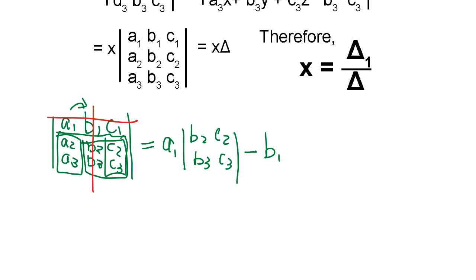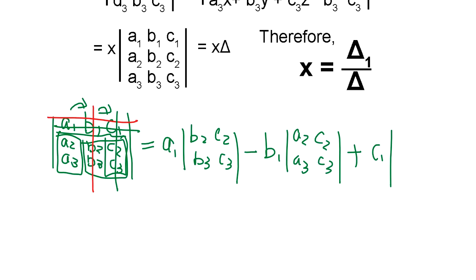So b1, a2, a3, and c2, c3, and plus the next one, c1, again we exclude this and this, so a2, a3, and b2, b3.